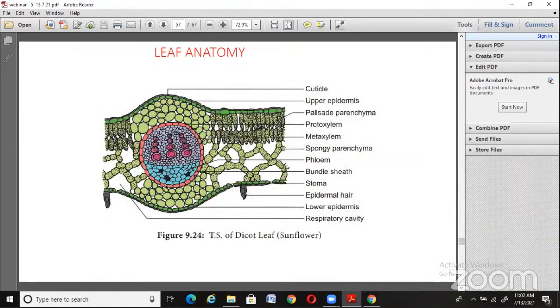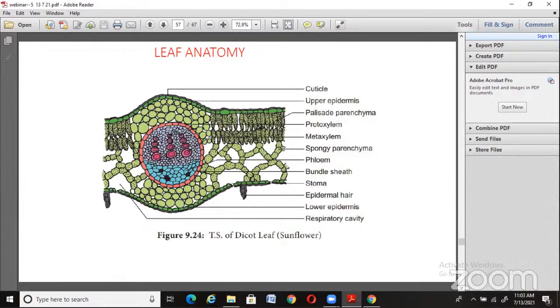Yes, see here, these bundle sheath cells are arranged in a circle, in a round shape. The cells are only one cell thick, and they are arranged one after the other.